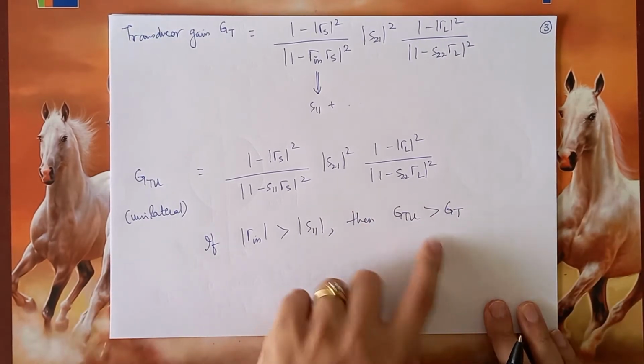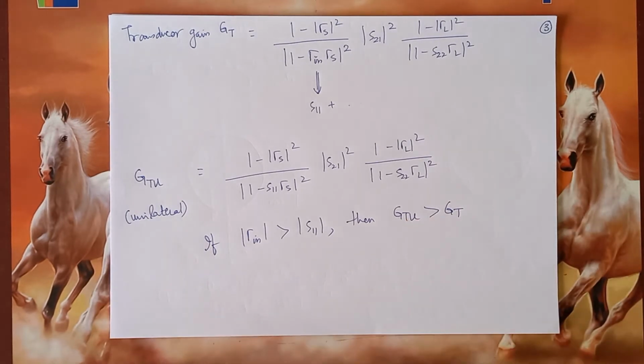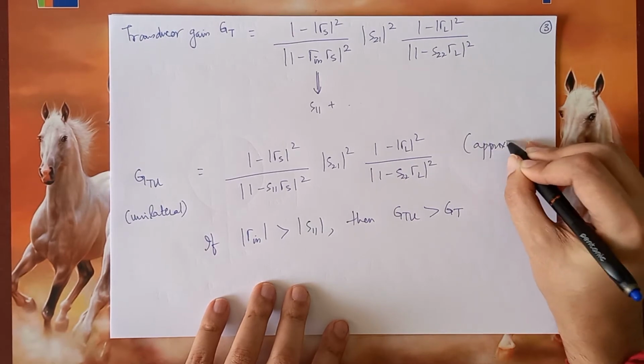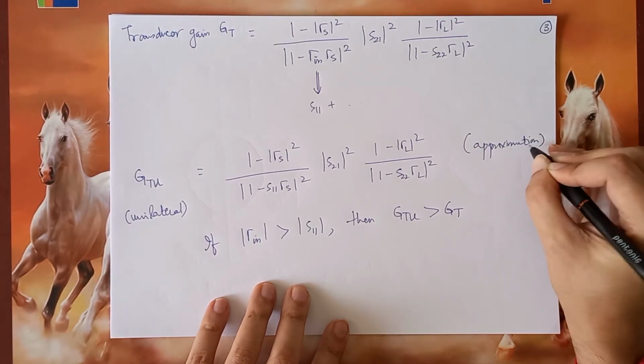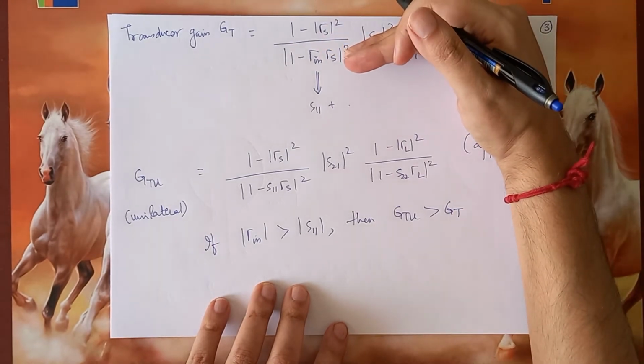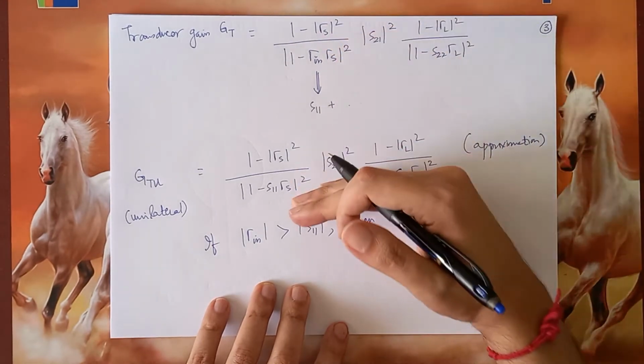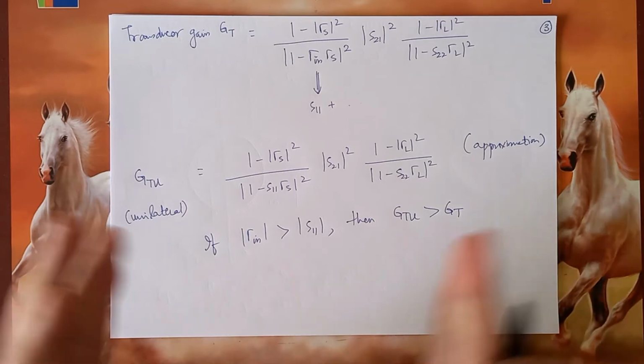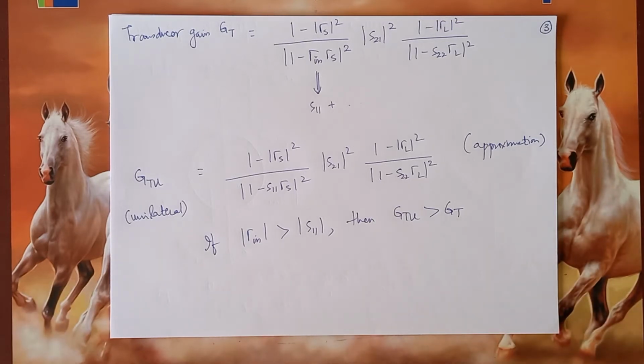So if GTU is more than GT, the question we need to ask ourselves is: if we are approximating the transducer gain into a unilateral case, what is the error in the gain that we are making? This error is usually in a range, and there is a derivation for this range. I am not showing the derivation.